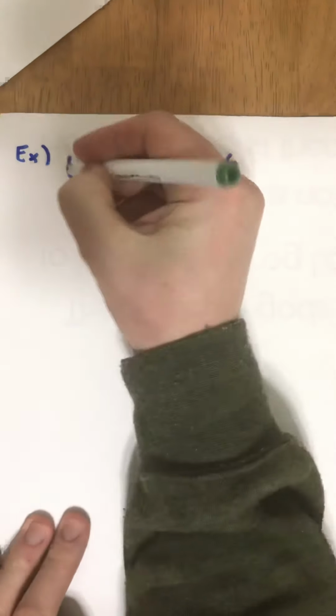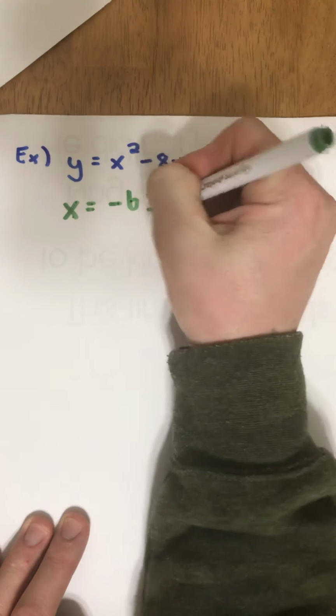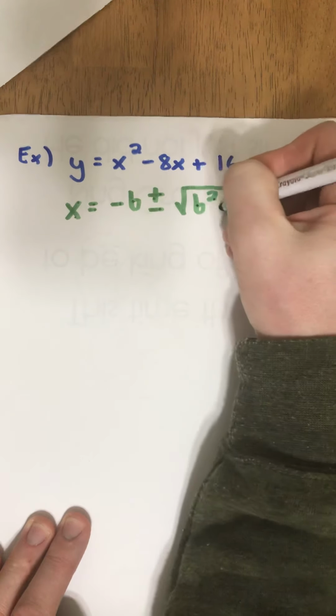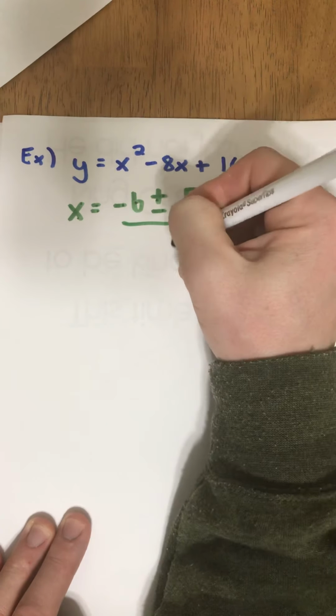So this one is y equals x squared minus 8x plus 16. Again, we're going to do our quadratic formula here. x equals negative b plus or minus the square root of b squared minus 4ac divided by 2a.